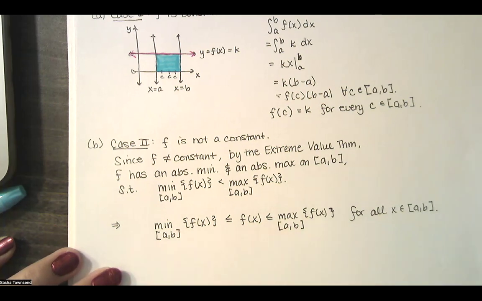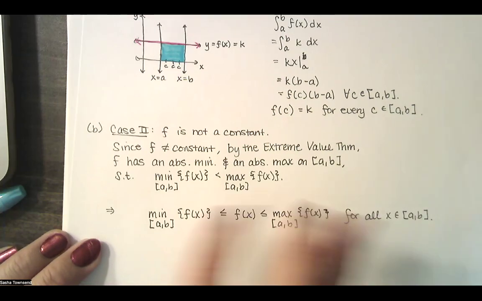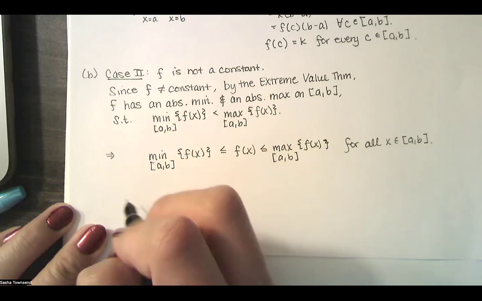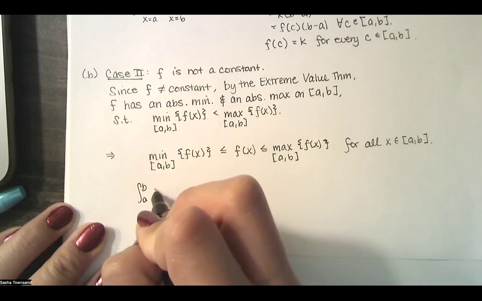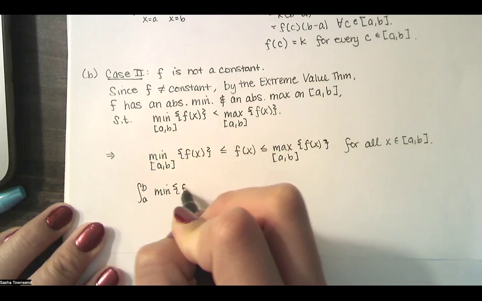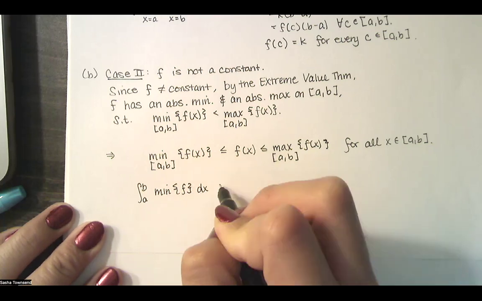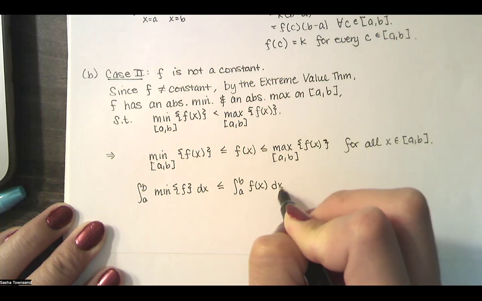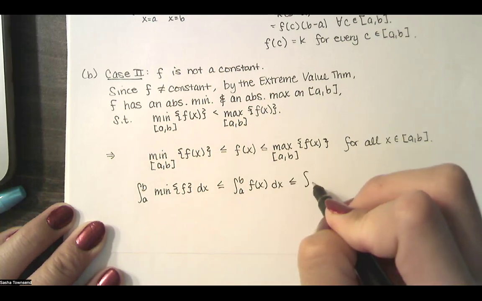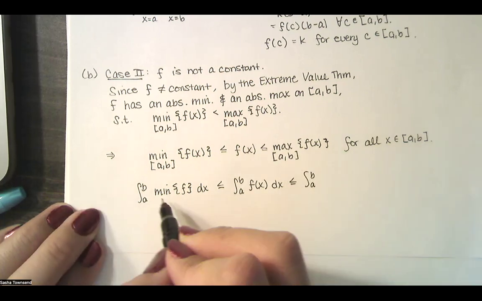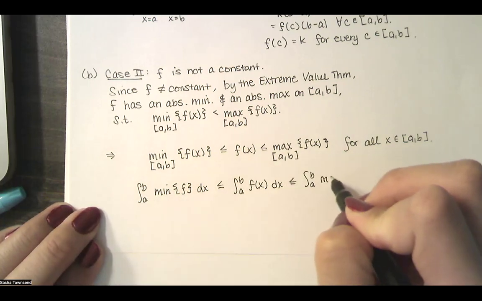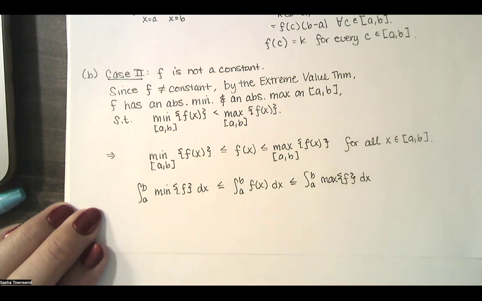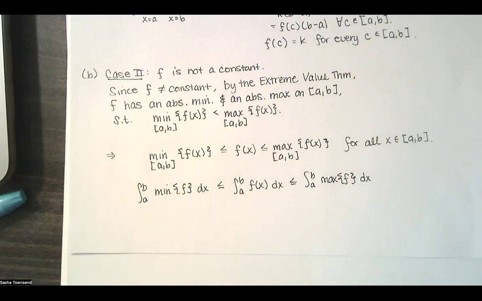Now, if we integrate each of these three functions on the interval from a to b, this is what we get. And I really should include that subinterval under it, but I'm just leaving that off. I think it's implied.